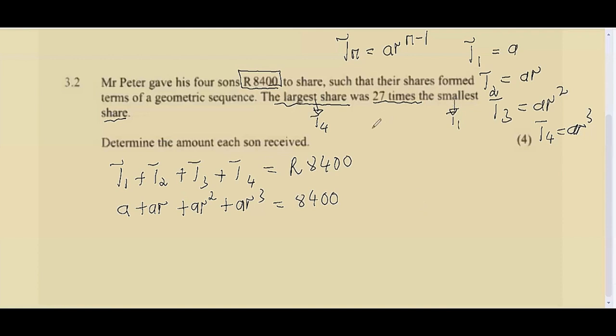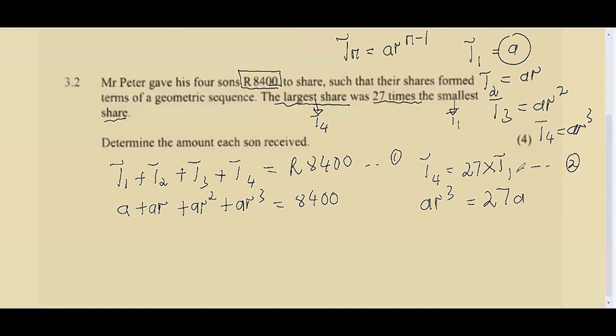Now, to write this in terms of mathematical language, we would say T4 is equal to 27 times T1. But then remember again, T4 can be represented as ar to the exponent of 3, and T1 can be represented as a. So this is 27a. Now we can use this expression here. Let's call it expression number 2, and this here will be expression number 1.